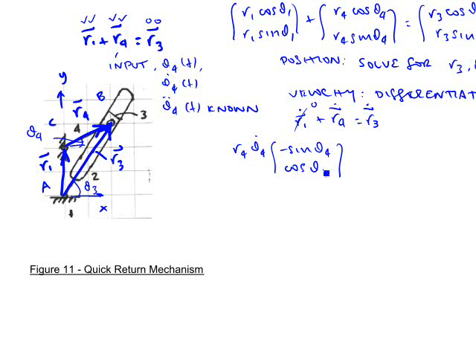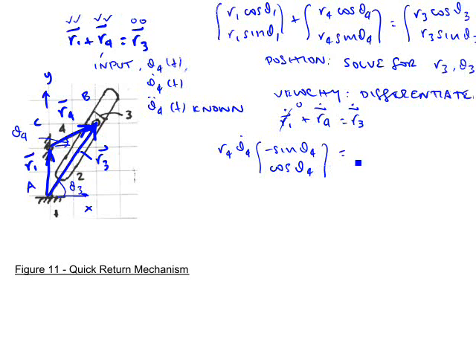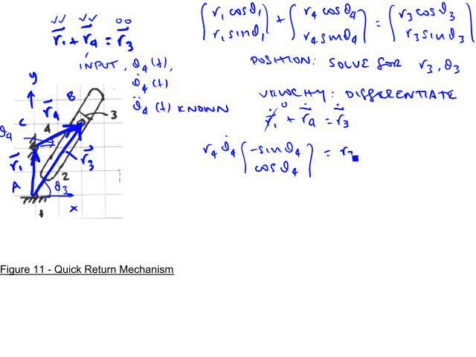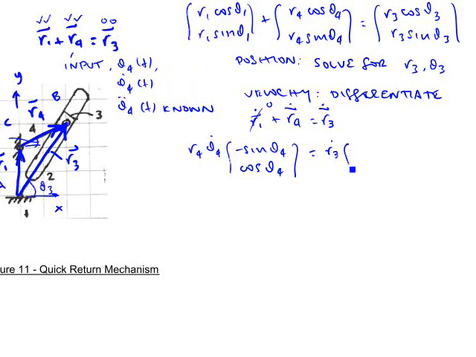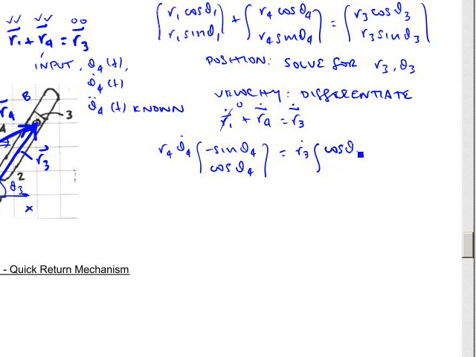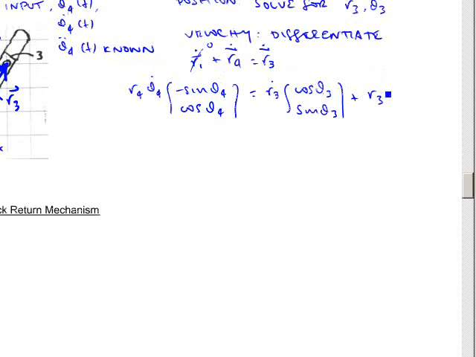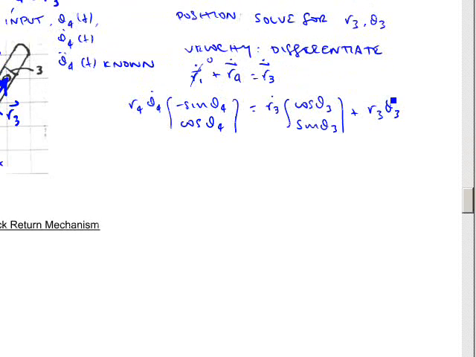Now, what's r3 dot? Well, r3 changes length and direction, so I'm going to need the r3 dot in the radial direction. And I'm going to need the tangential bit of the velocity, which is the r theta dot in the minus sine theta 3 i plus cos theta 3 j direction.